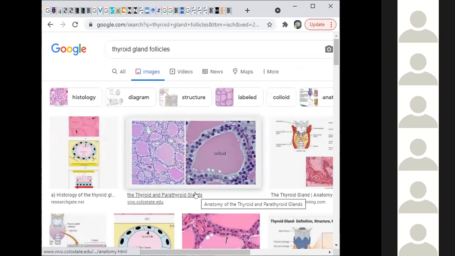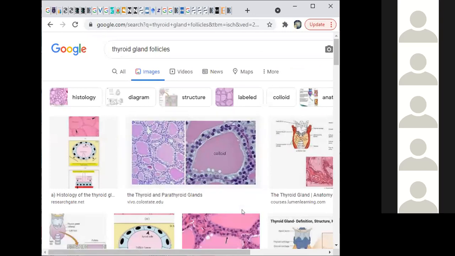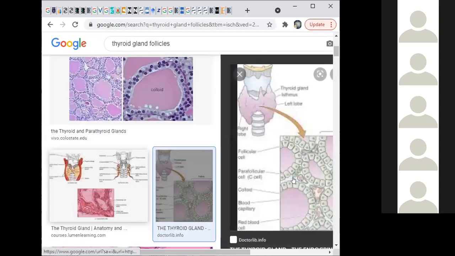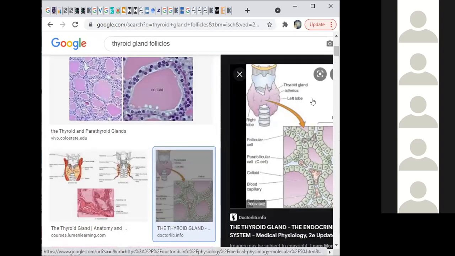So when you cut into the thyroid gland, as I said, this is like the histology. So let's look at this picture. I don't know why my thing is failing to expand.